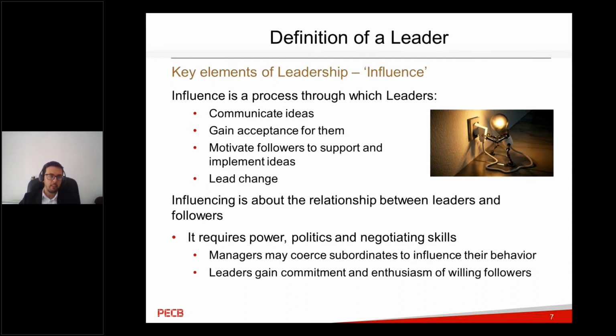And by motivating followers to support and implement ideas, they can more easily go about the most difficult issue that an organization faces, especially when it deals with its human resources, that is to lead change, something that we discussed a lot in our previous lectures, and we will be dedicating an entire lecture to change by the end of the semester.